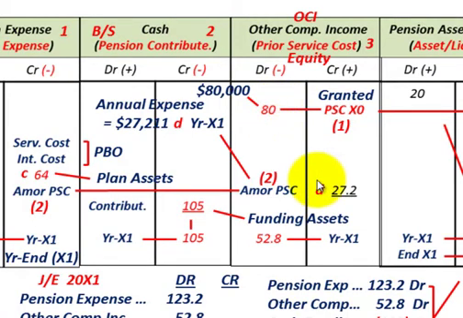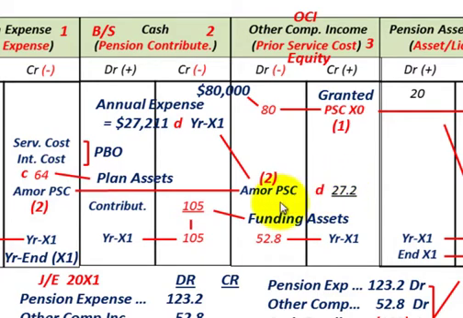But for each of the next years, you would take whatever expense you had and you'd be crediting, or reducing, your prior service cost debit amount by whatever the service expense based on that grant amount would be. You'd be crediting that each year, or you'd be increasing your other comprehensive income for the amount of that amortization of prior service cost.